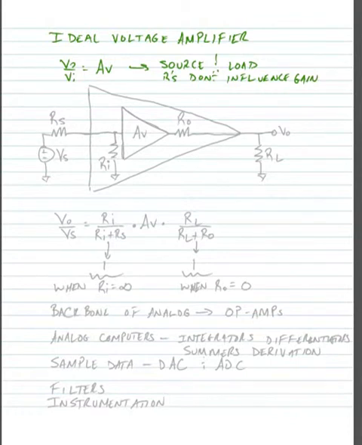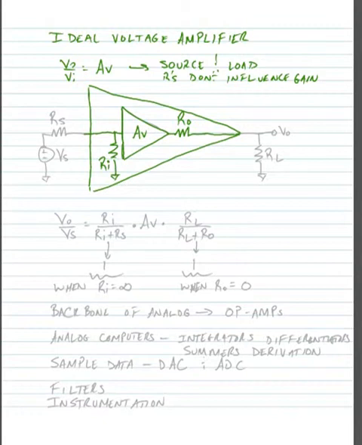So let's imagine that we have a generic amplifier. We'll just draw this with our typical amplifier symbol, where we have a voltage gain AV, and looking into this amplifier we see a resistance R sub I, the input resistance of the amplifier, and coming out of the amplifier we see an output resistance R sub O. Okay, so I'm going to draw another triangle to represent what happens if the amplifier isn't so ideal.